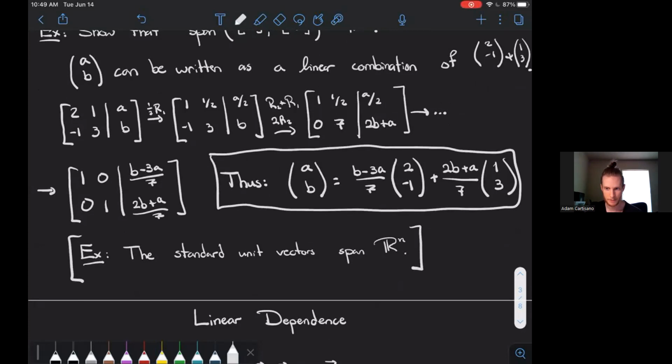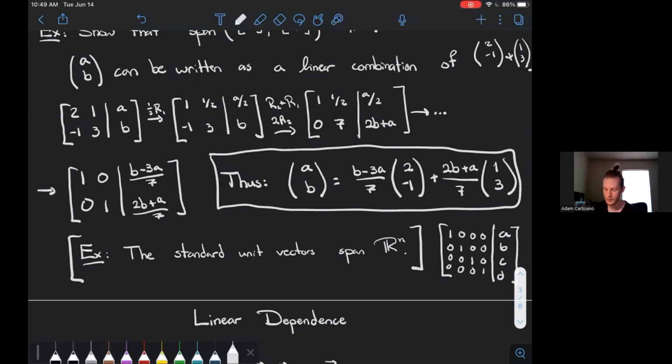If you don't believe me, set up the augmented system that we just did. It'll look like this: 1, 0, 0. Here's the columns. We'd take our standard vectors, write them as columns in a matrix, and then we want to write A, B, C, D, I guess. I'm doing R4 apparently.